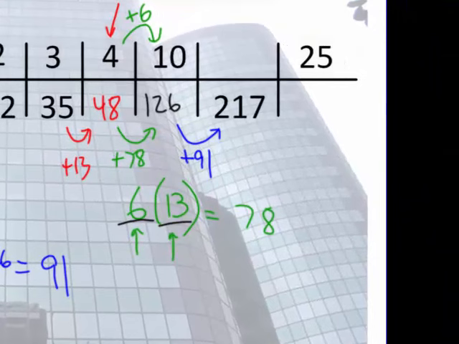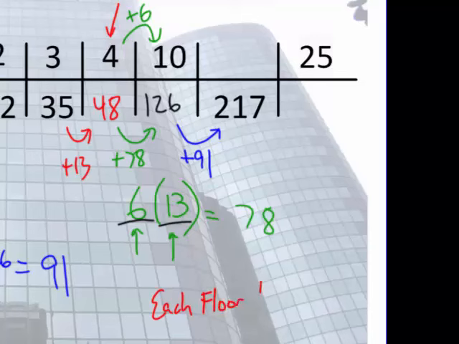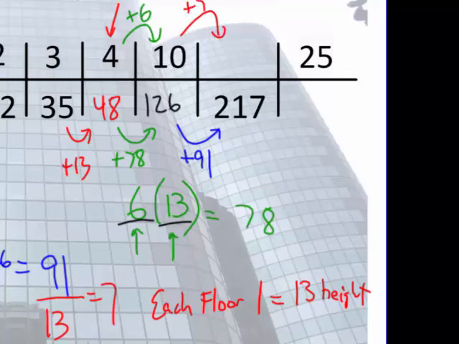But remember, one floor goes up how much in height? 13 in height. So what should I do with that 91? I want to divide that by 13 to figure out how many floors that is, which in this case is 7 floors. So I need to go up 7 floors from the 10th floor.